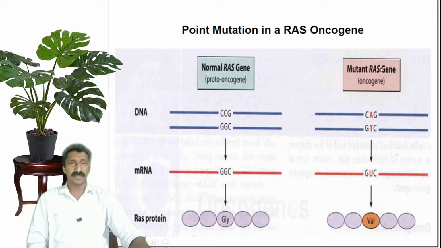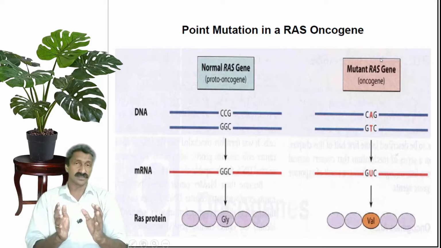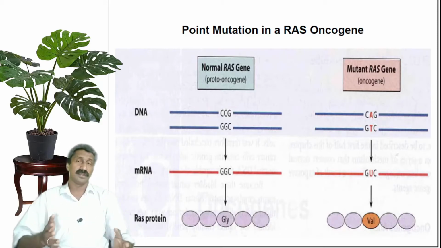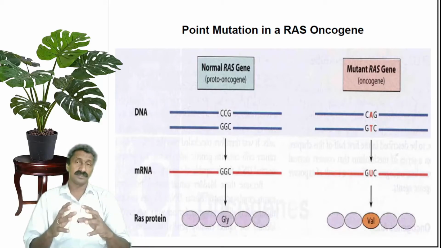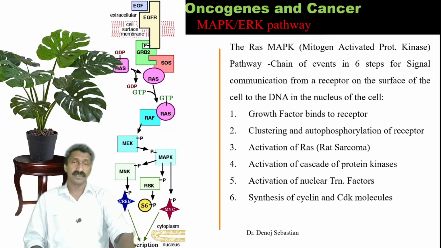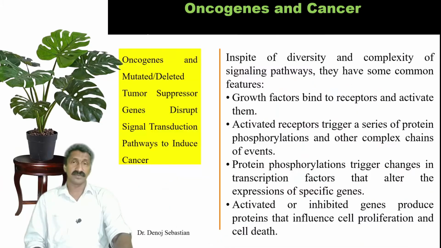In the oncogene of RAS, there is a mutation which results in replacement of the glycine with a valine. So this is a mutant of the RAS gene, which will have a constitutively expressed state, which doesn't require the GTP-GDP activation, for example, as we discussed in one of the previous slides.